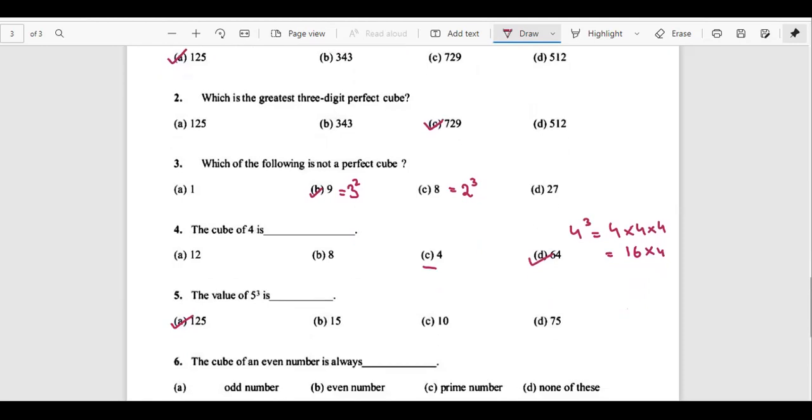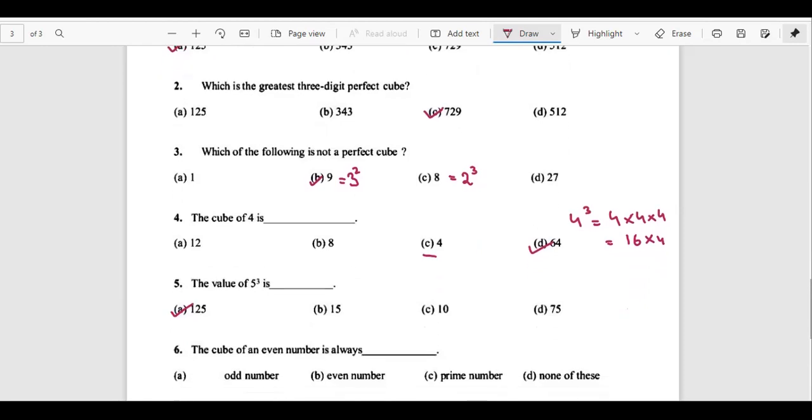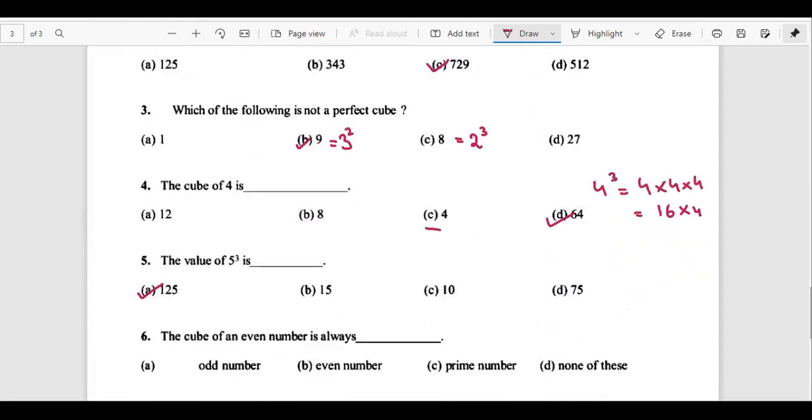Okay. Now, let's talk about this question. The cube of an even number is always. Even. Why? Is, ma'am, even number.